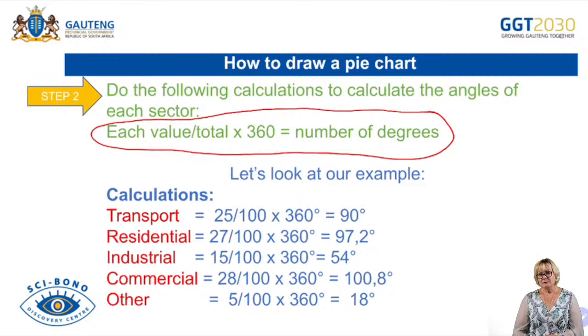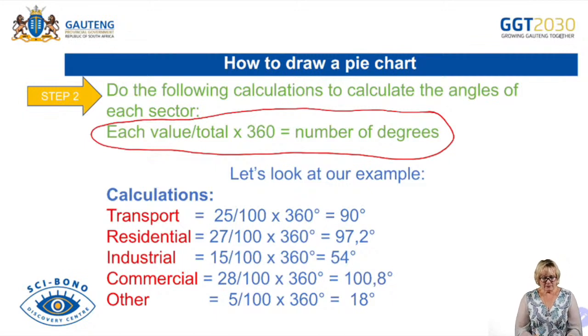You must know it. You must know that for each value, let's say 25, I'm going to divide 25 by 100 times 360. Why 360? Because that's how many degrees there are in a circle, and that answer is going to give me the degrees that sector must be to represent the 25.